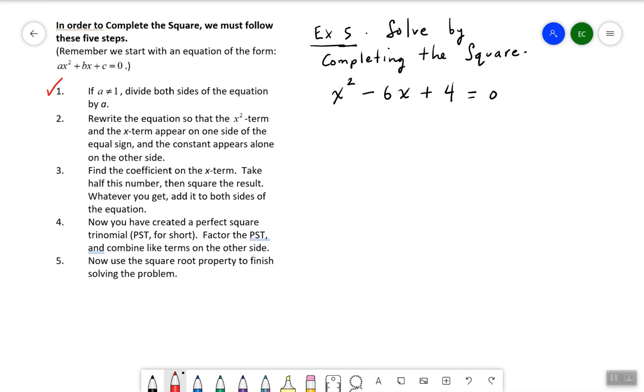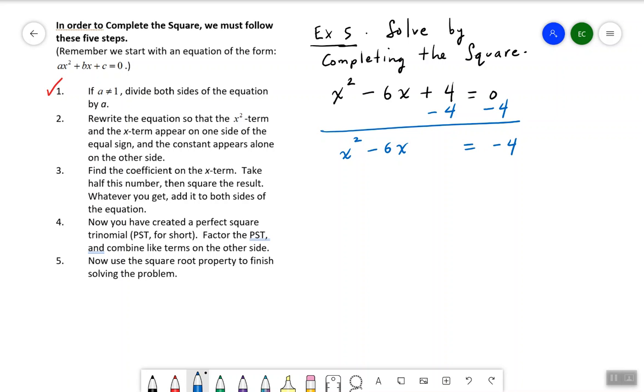Step 2, rewrite the equation so that the x squared term and the x term appear on one side of the equal sign, and the constant is alone on the other side. The constant here is this 4, so we're going to subtract 4 from both sides, so that we get x squared minus 6x on one side, and minus 4 on the other side.